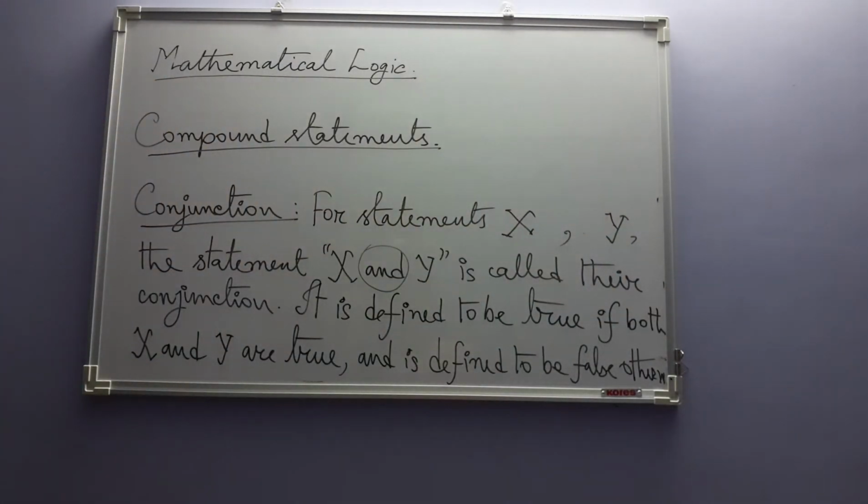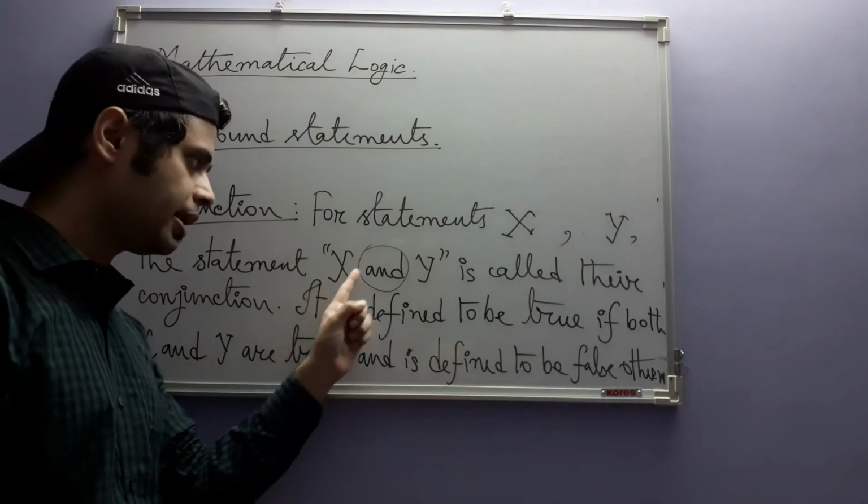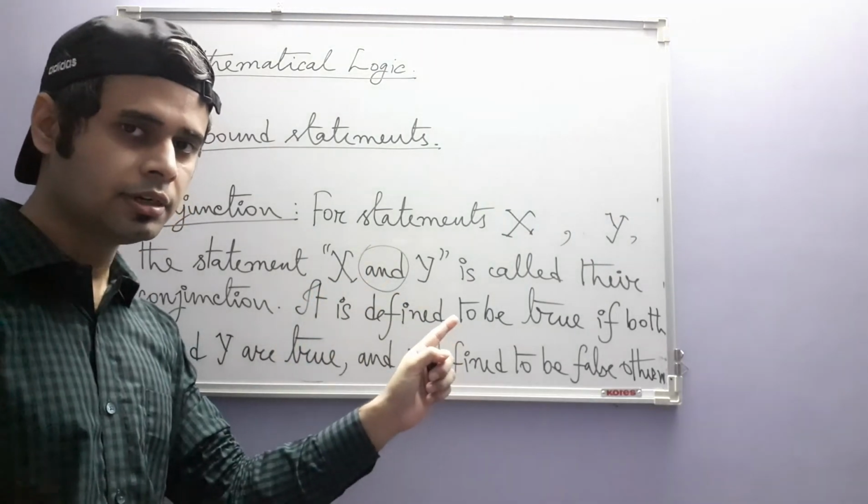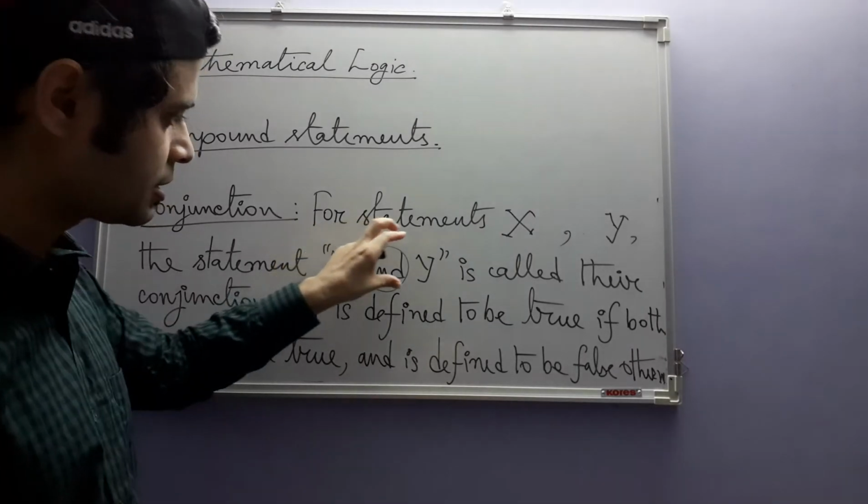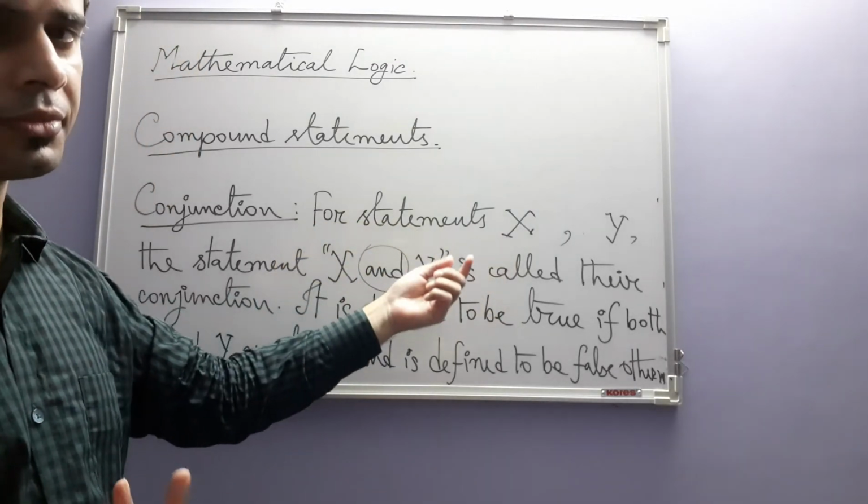So what this says is that the statement x and y is defined to be true if both x and y are true, which is obvious.